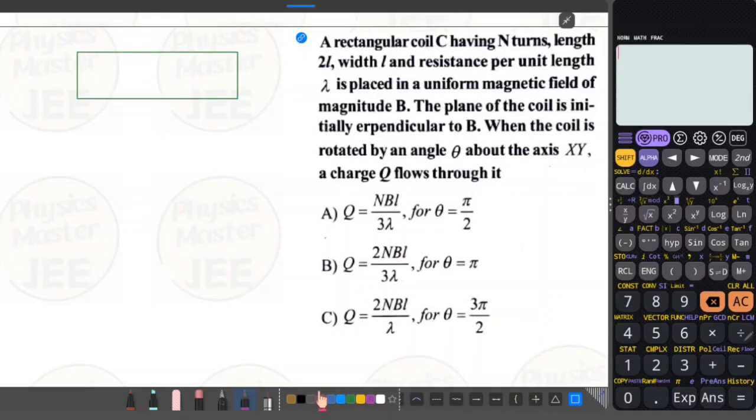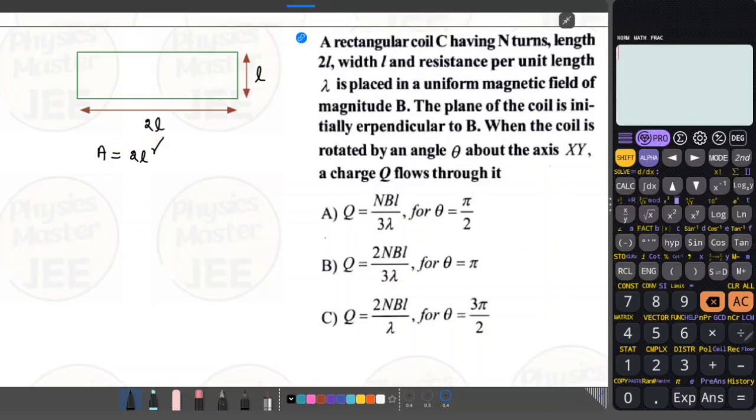So this length is 2L and this is L. Therefore the area here is nothing but 2L square.